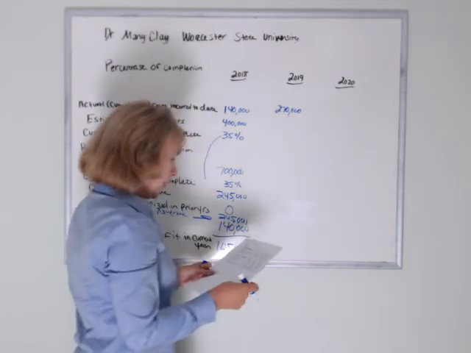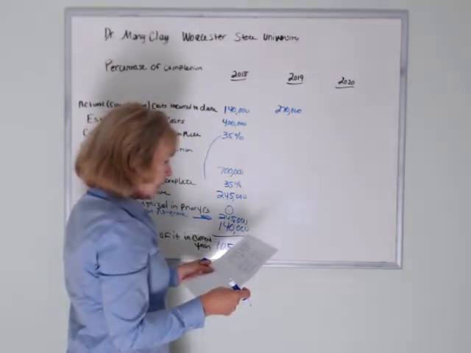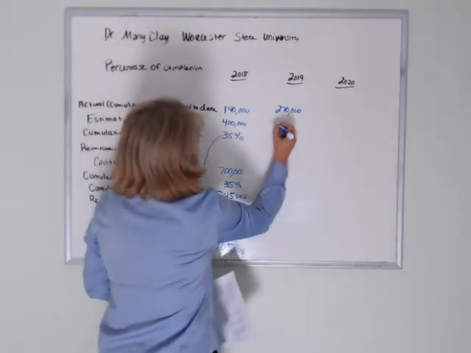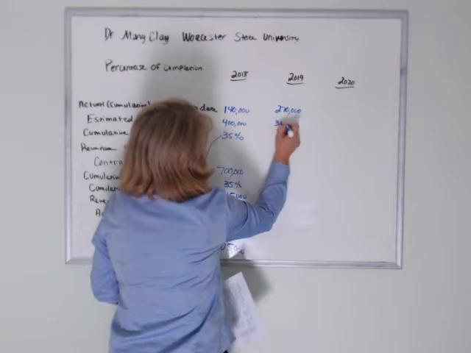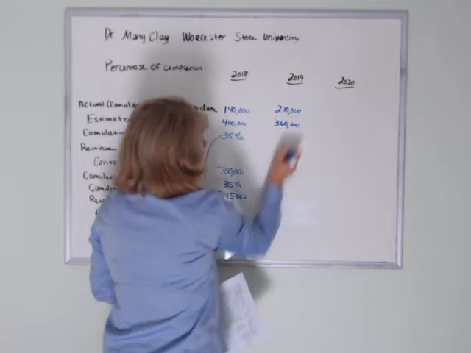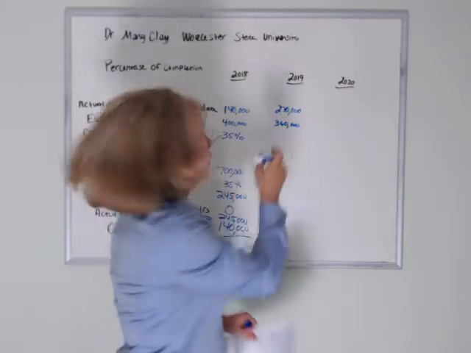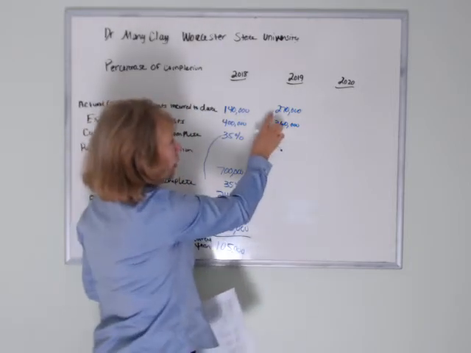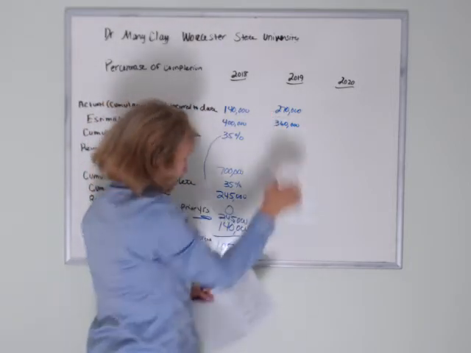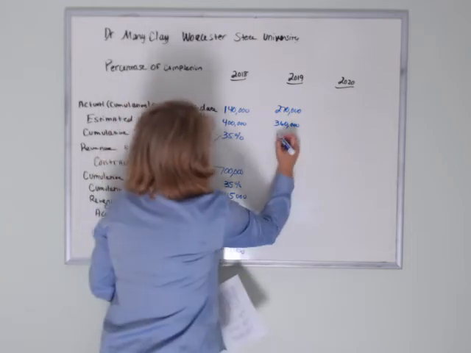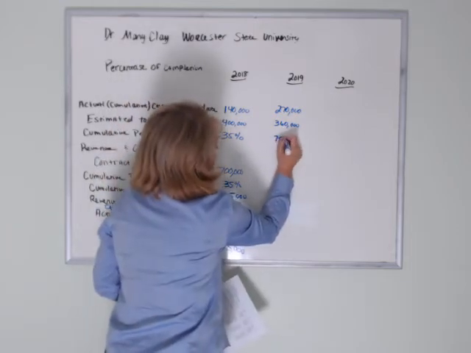That gives you $270,000. Next, you get the estimated total cost, which is $360,000. And you'll get your percent for 2019. Same theory, you're going to take 270, divide it by 360, and that will give you 75%.